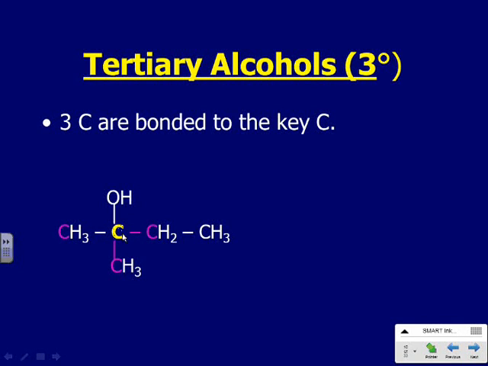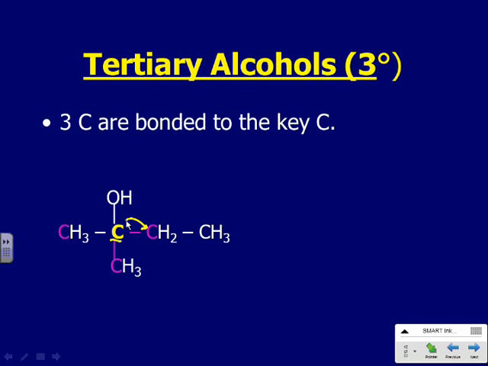Now a tertiary alcohol, again, we locate the OH group, and notice the key carbon is now not only bonded to 2, but bonded to 3 carbons. You'll notice it now has no H's.